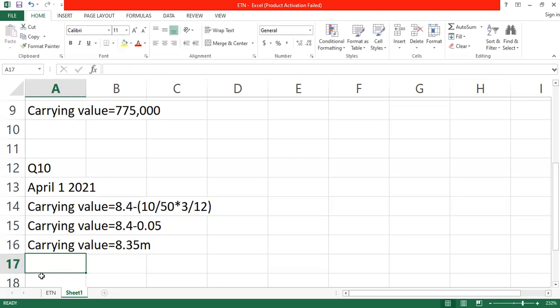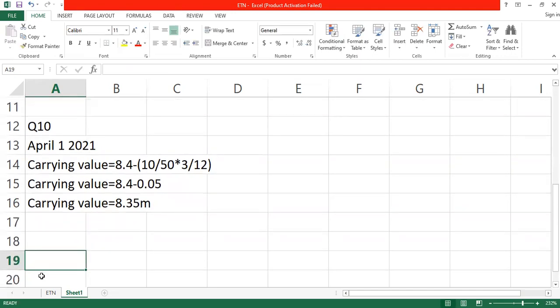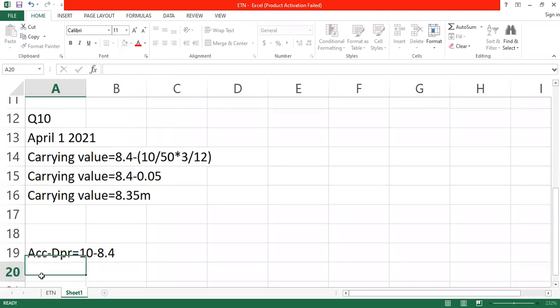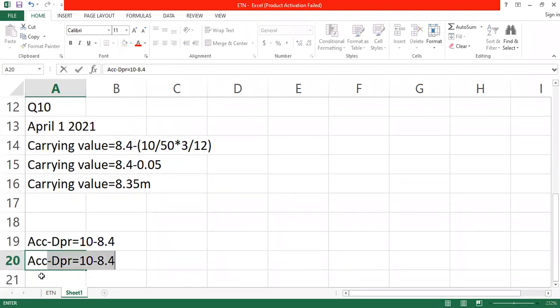Yes. Okay. Instead of using this approach, you can also do it like this. You find your accumulated depreciation at January, which will be the cost minus the carrying value at the beginning of 2021. What will be your accumulated depreciation? 1.6, right?